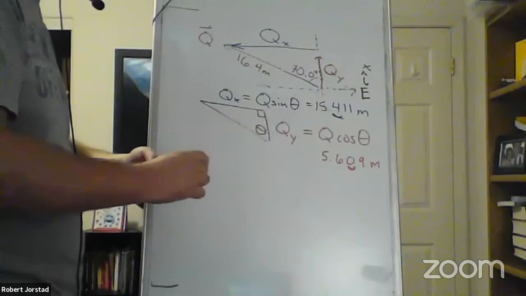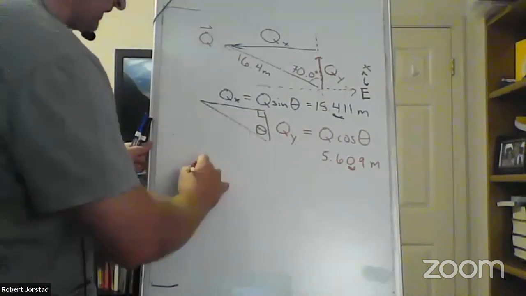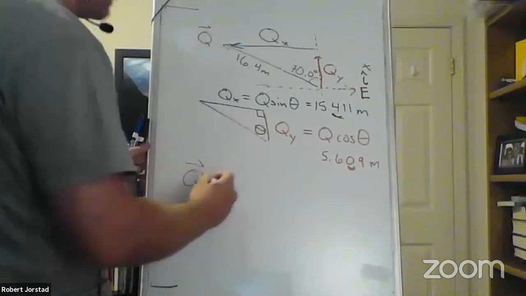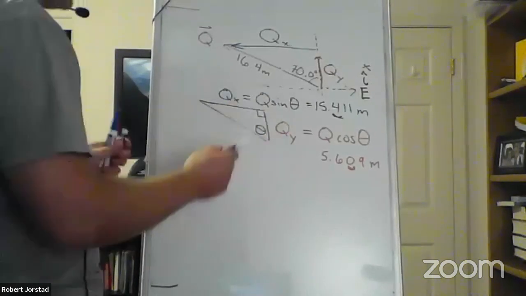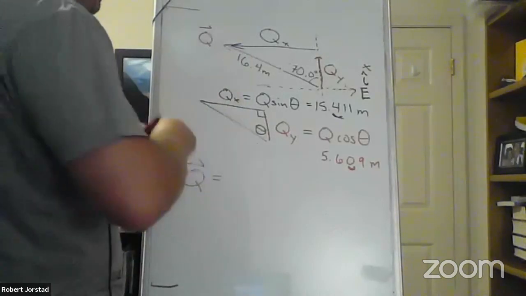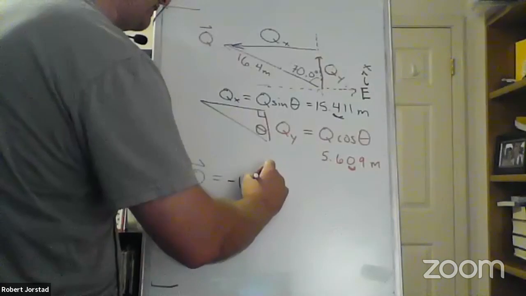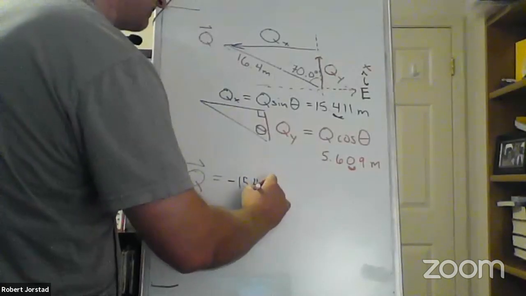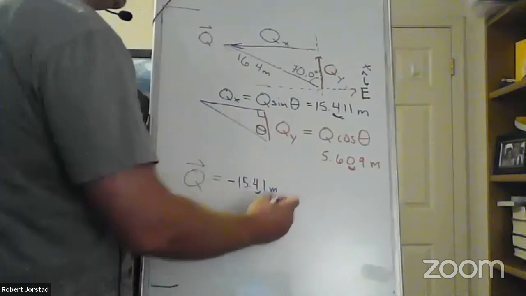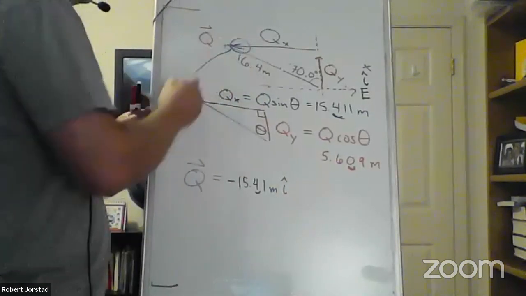So finally, after all this, we're done with class, but let me write out this last little bit. Now, we know this size and it's to the left, right? So I'm going to write negative 15.41 meters i hat. The minus i hat came from right here.